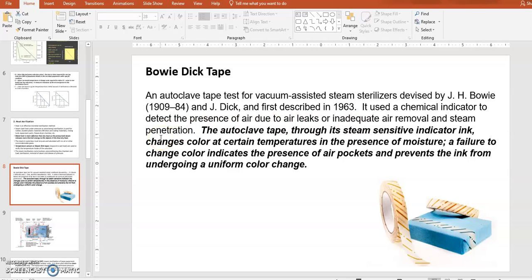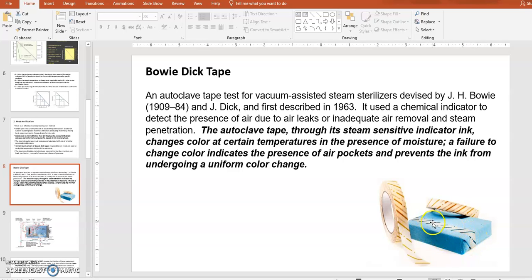There is a kind of steam-sensitive indicator ink on this tape. If the tape is exposed to steam heat, it changes color. Before exposure it may look like this, and after exposure it becomes a different color.